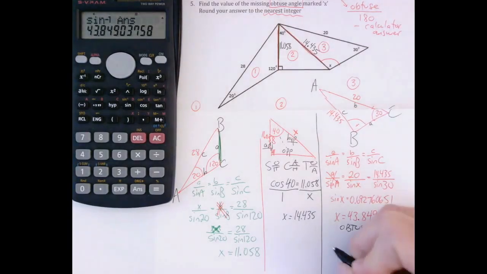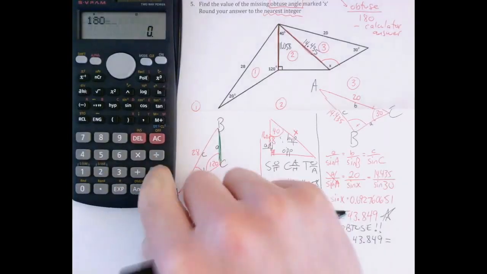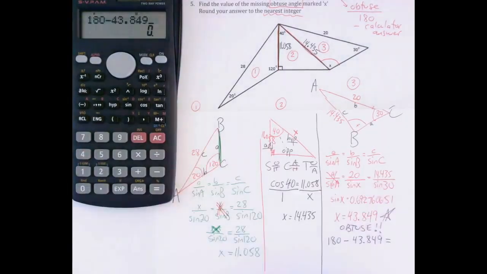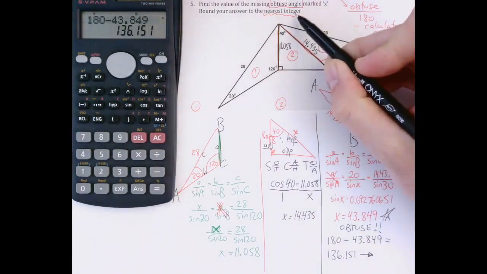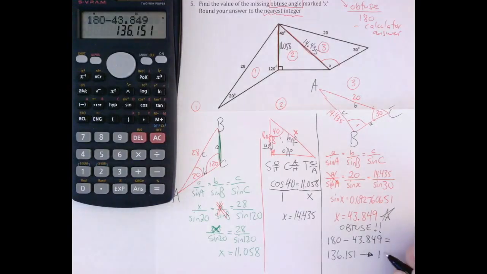So here I'm going to have to do 180 minus 43.849, which leaves me with 136.151, which to the nearest integer, since up here they said nearest integer, becomes 136 degrees. And that is my final answer.